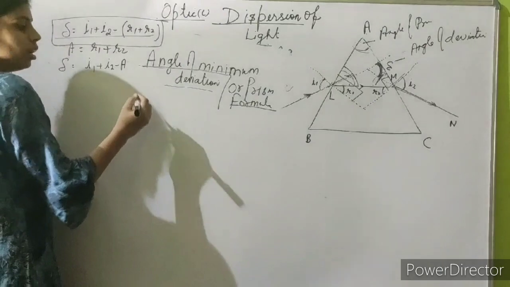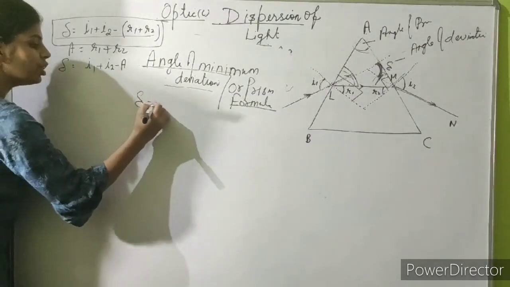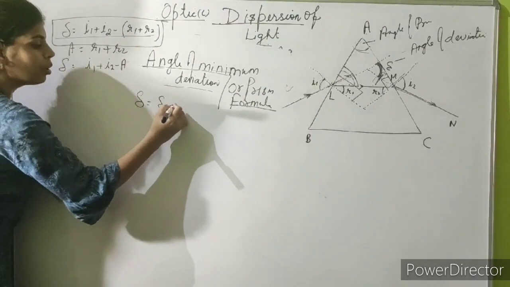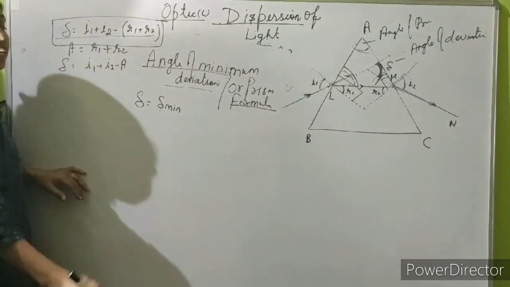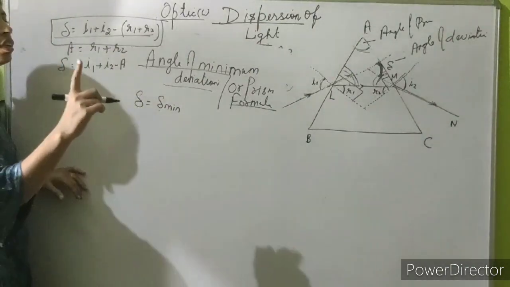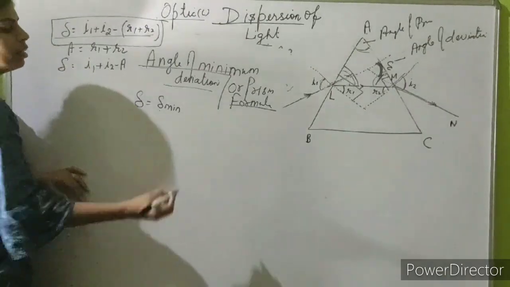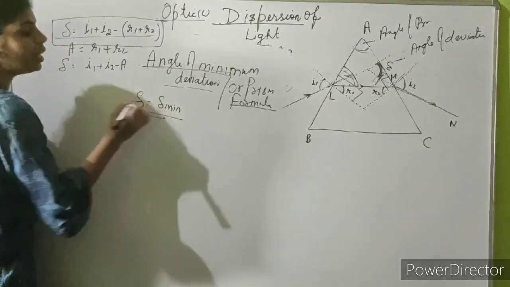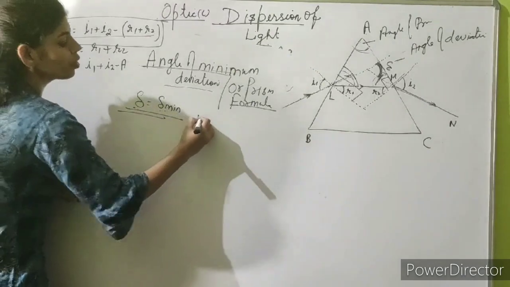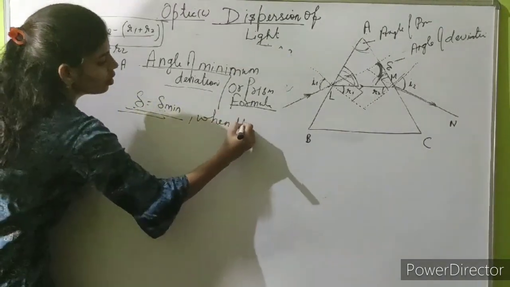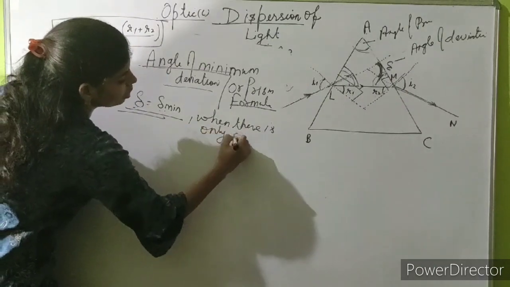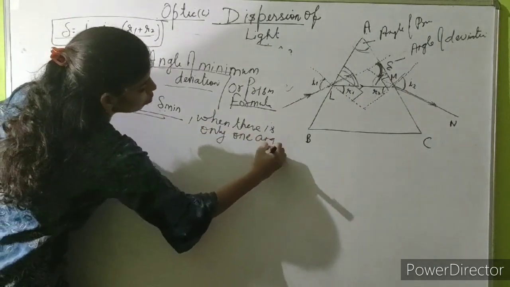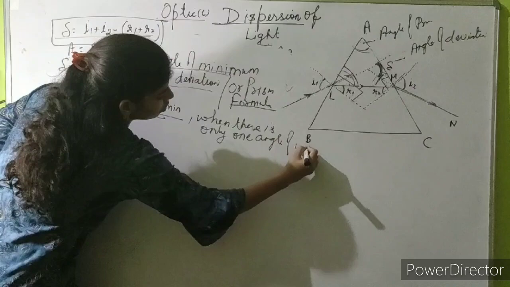That means angle of deviation is said to be minimum deviation only when there is one single angle of incidence. Delta is said to be equal to delta minimum when there is only one angle of incidence.